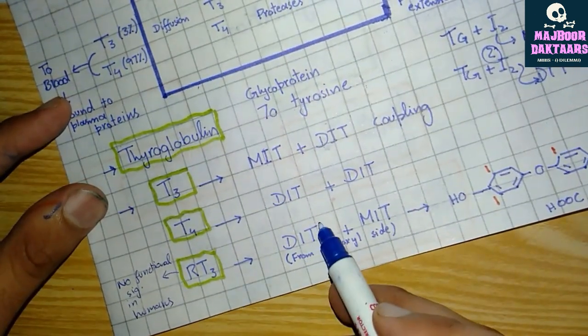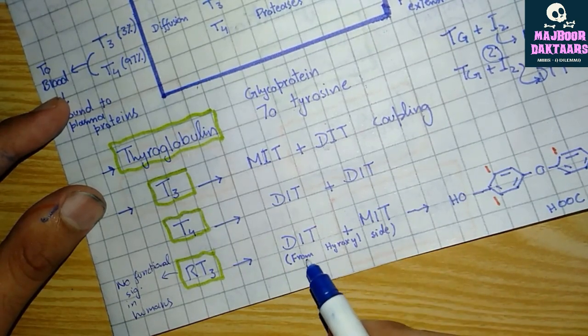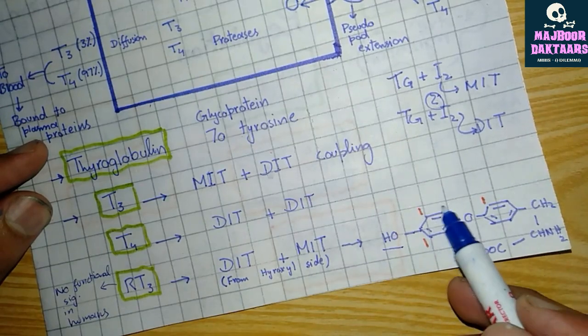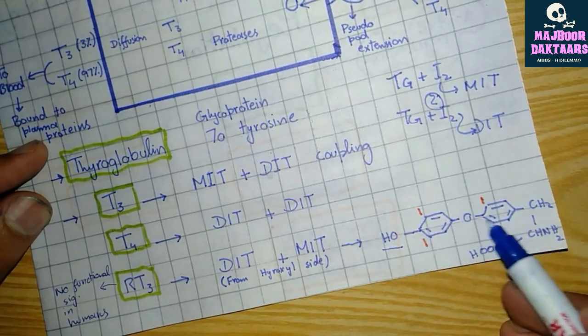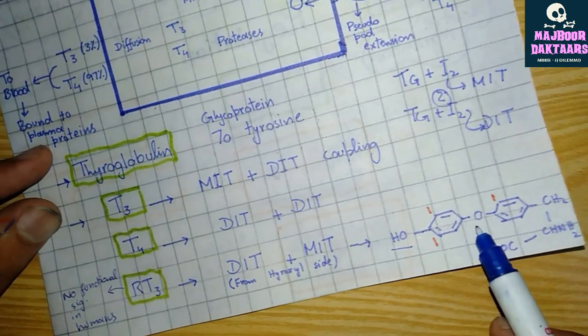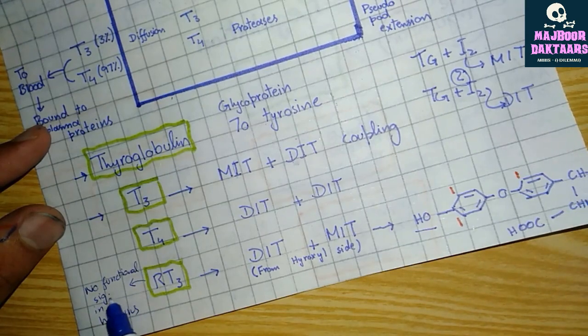But when a diiodothyronine couples with a monoiodothyronine, that is to say, if we take from the hydroxyl side, first we get the diiodothyronine and then we get the monoiodothyronine, it is the reverse of the T3, then it forms the reverse T3, which is of no functional significance in humans.